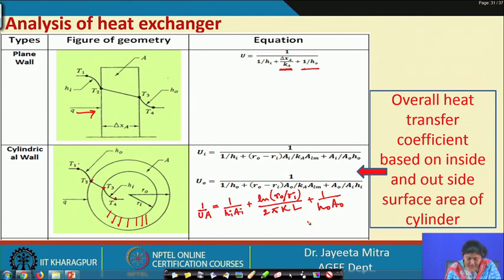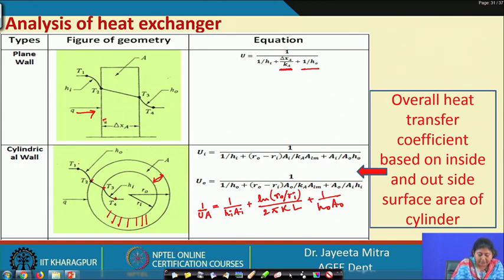So, in such a case A can be equal if the thickness of the tube wall is very small.